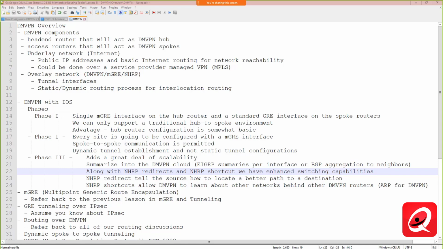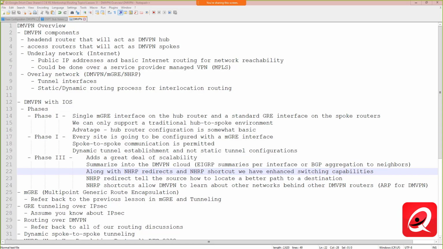You could potentially have thousands of sites in DMVPN, or even tens of thousands. I haven't seen tens of thousands of sites, but I have certainly seen DMVPN deployments that have thousands of sites.